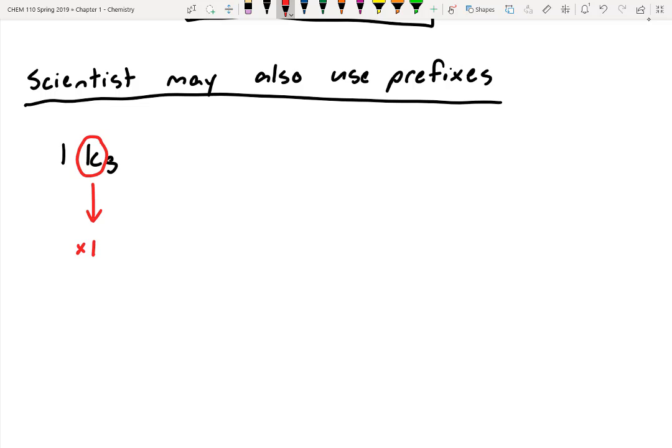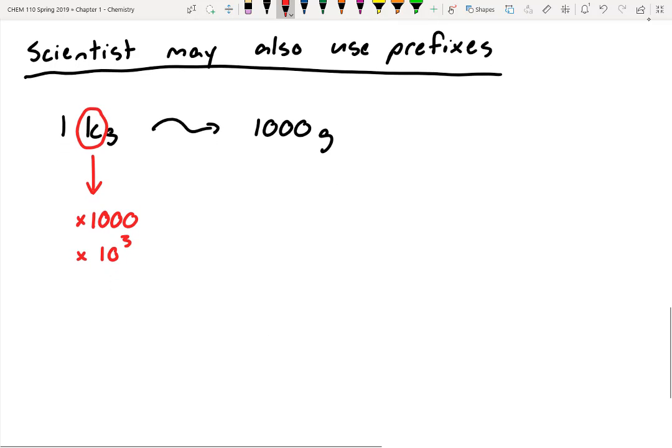So it means we're going to multiply this by 1,000, which conversely means that you could write this out as 1 times 1,000, which is just 1,000 grams, right? So we often put in these prefixes to help us. Another way of writing 1,000 would be times 10 to the third. So both of those are completely equivalent to one another. We can use them pretty easily.